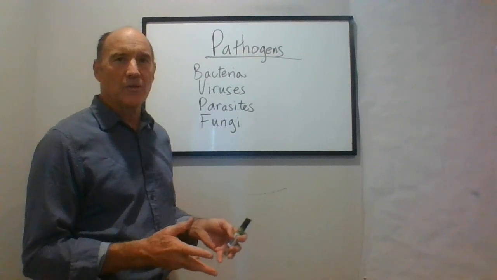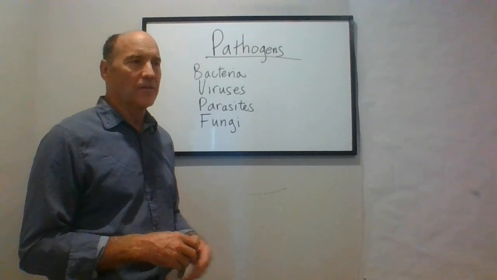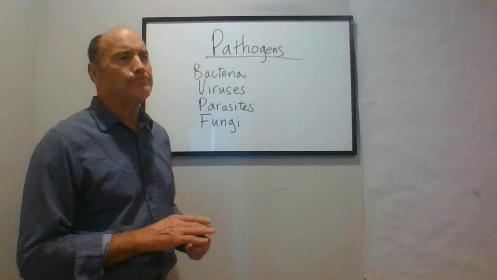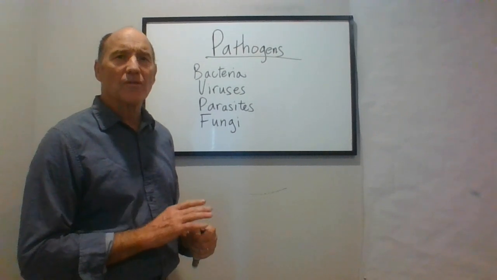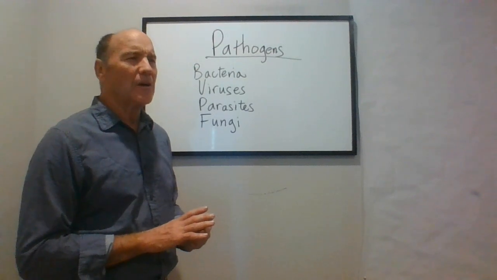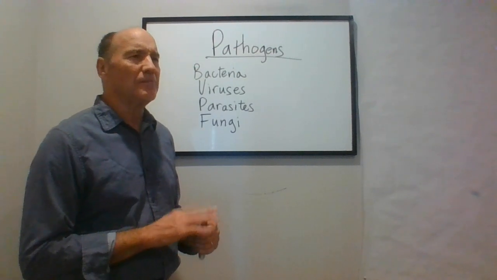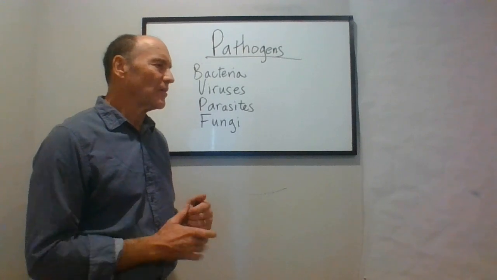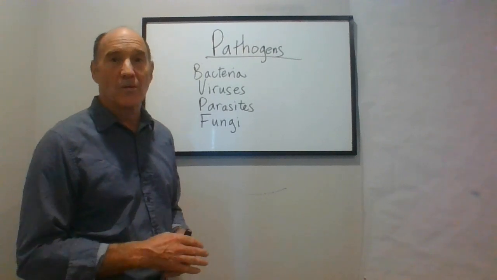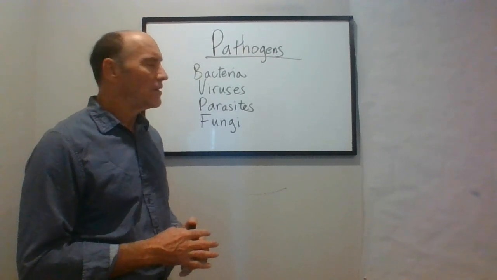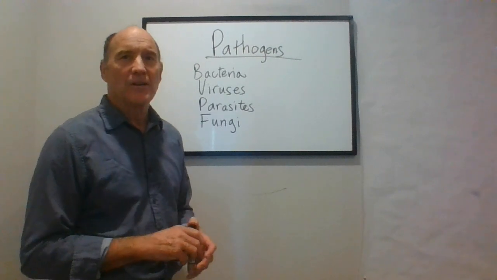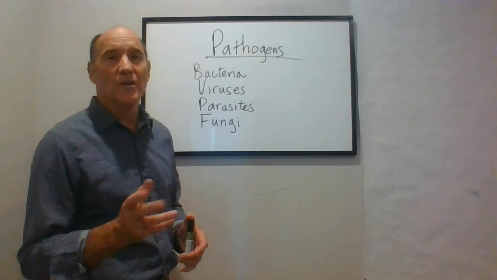Viruses are, of course, the flus and the current virus, and measles, mumps, you know, all the common flus, colds. Your cold is a virus. There's lots and lots of viruses. Pneumonia can be viral.